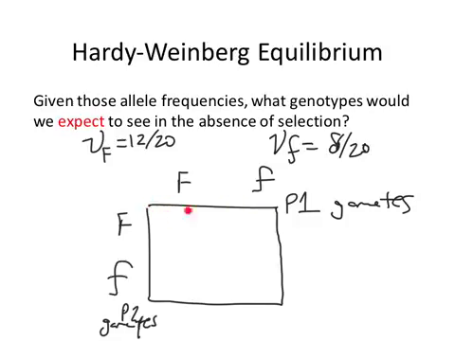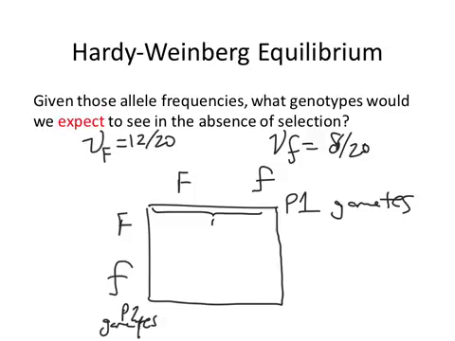The length of each of these axes represents 100% of the gametes. So how wide do we make the two columns? The big F and the little f. Let's say the width of this column is 1, 100% of the gametes. How wide is the big F column?